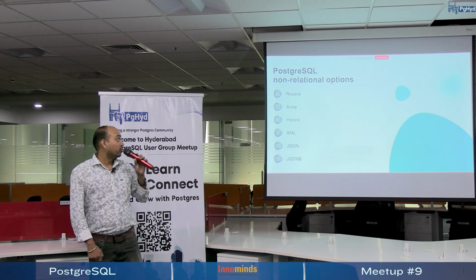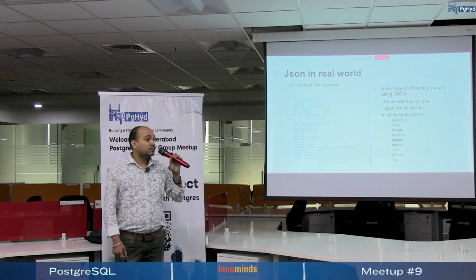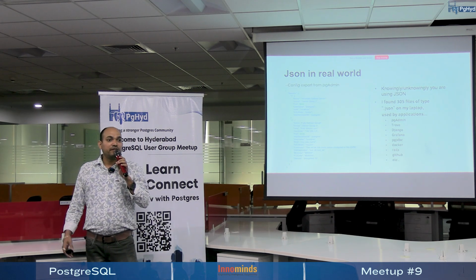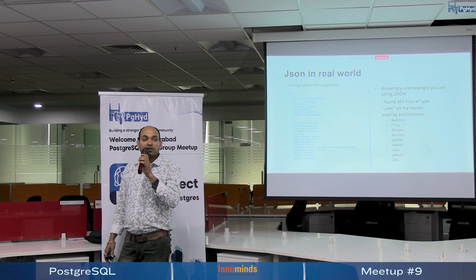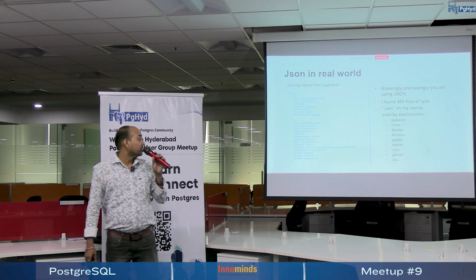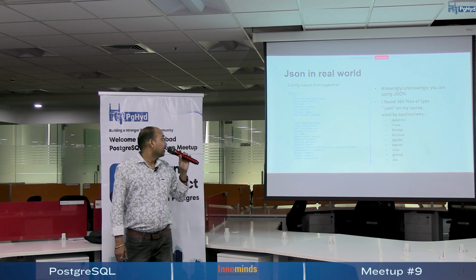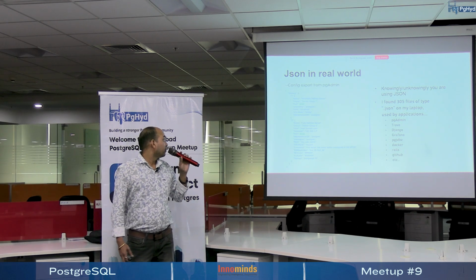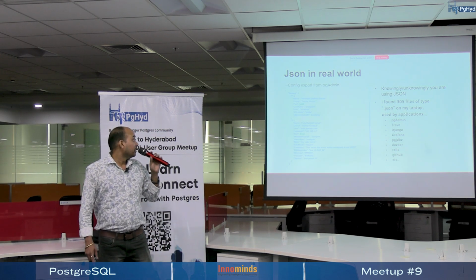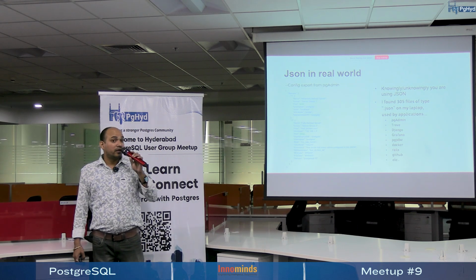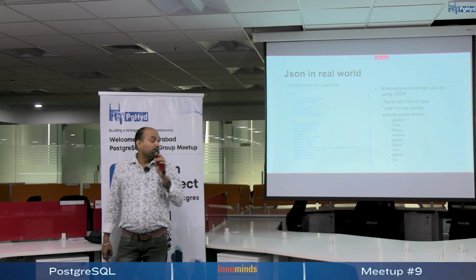I think we all know about JSON and JSONB, or how it looks like. I just want to bring everyone onto the same page by showing how a JSON looks. On the left side, it is enclosed within brackets, and there are key value pairs, right?